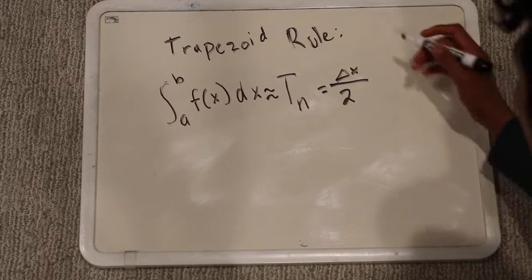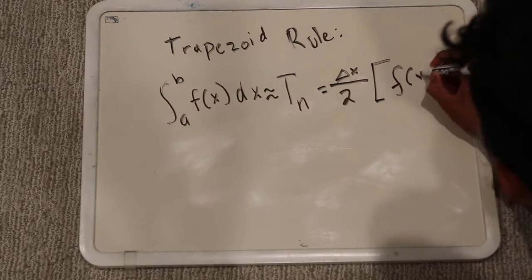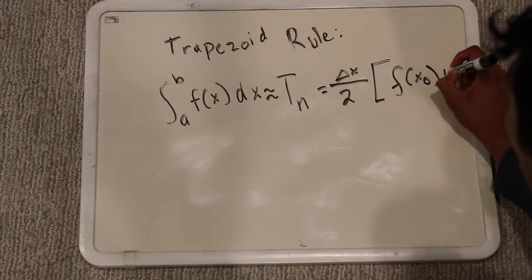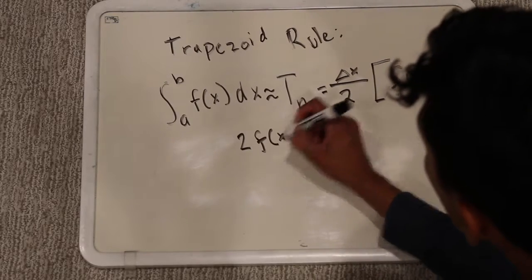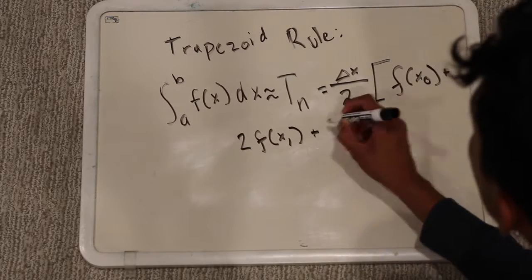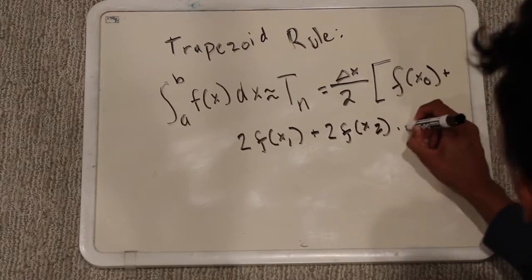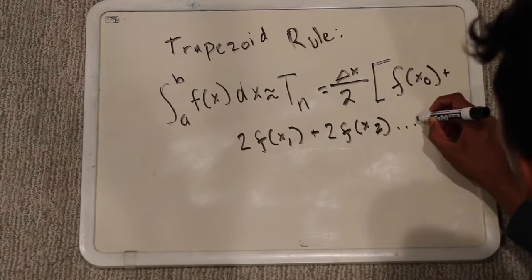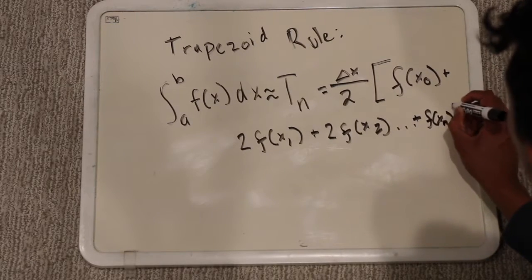And we're multiplying that by f of x0 plus 2f of x1 plus 2f of x2 plus f of xn, and xn will be your last.